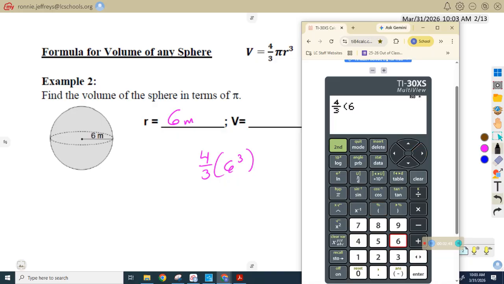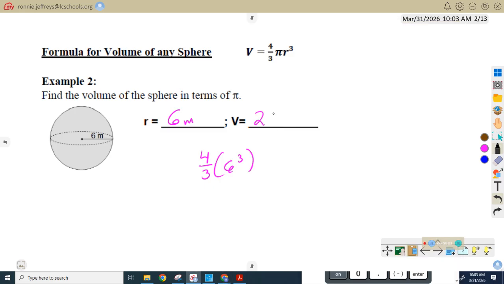Now, remember, if you're raising something to a power higher than 2, you use this little raise the roof button, this little caret button. So, 288. Whoops. Almost forgot something. Pi meters cubed.